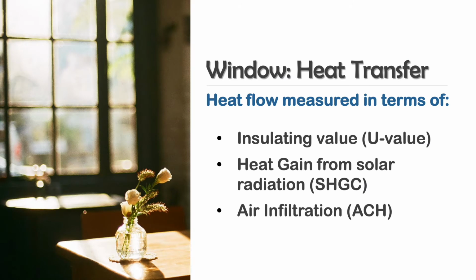So the way we measure heat transfer and the terms that we use for heat flow for windows is the insulating value, which is called a U value. Sometimes it's called a U factor.